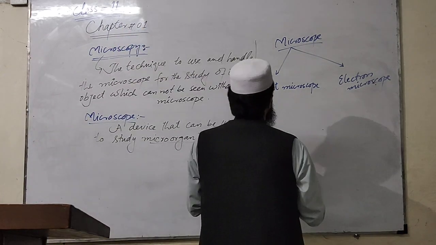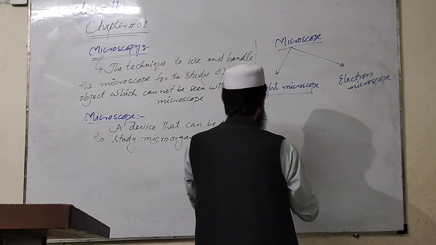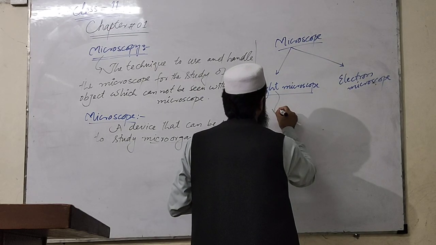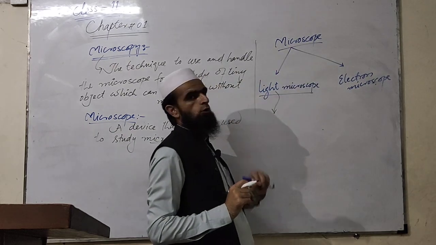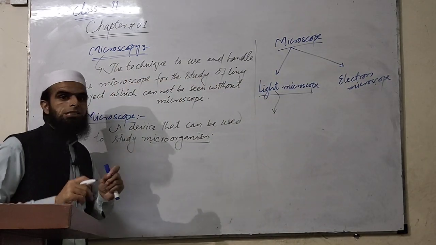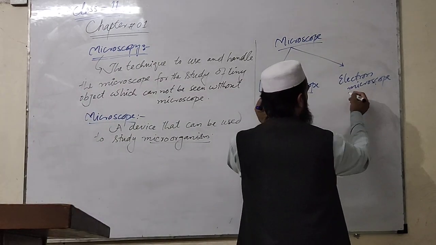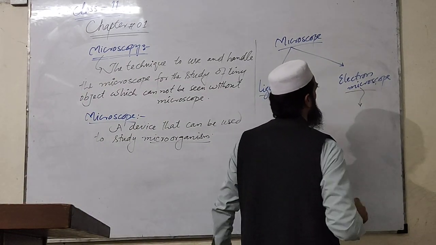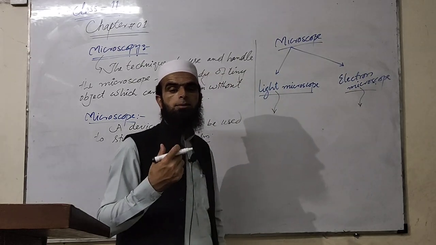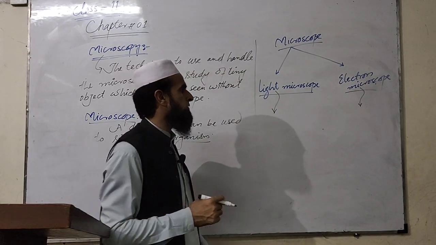Okay, so what is a light microscope? The light microscope is that kind of microscope which uses light as a source of energy. Similarly, an electron microscope is that kind of microscope which uses an electron beam, a beam of electrons, as a source of energy.